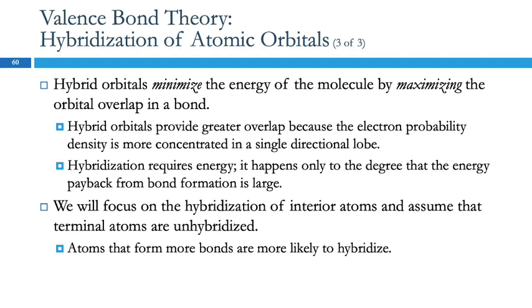So if you've got an atom, it's not just going to spontaneously hybridize its orbitals. It's only going to hybridize its orbitals if, when it's interacting with another atom, hybridizing causes the energy to be lowered. So what we're going to look at is just hybridization of the interior atoms, and we're going to assume that the terminal atoms are unhybridized, and it works pretty well.